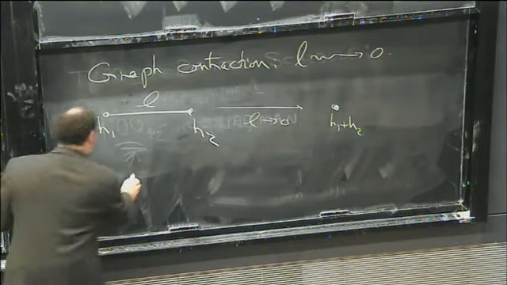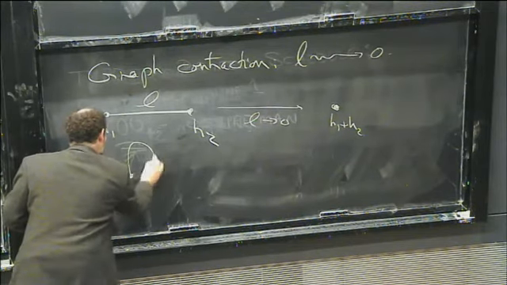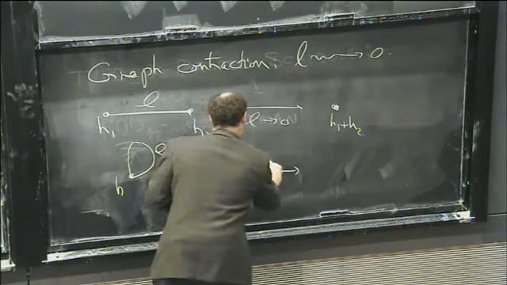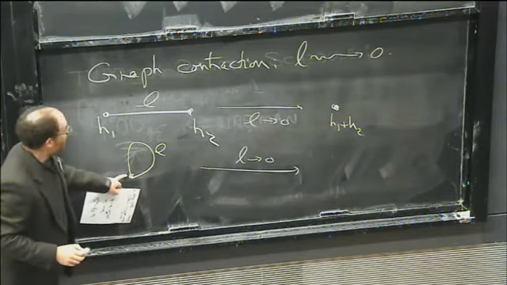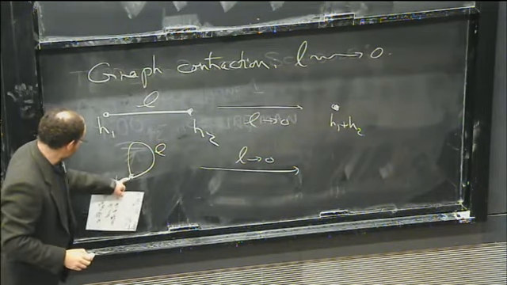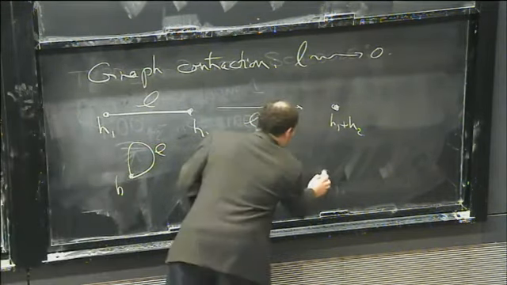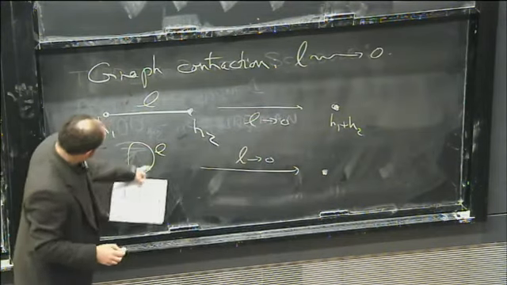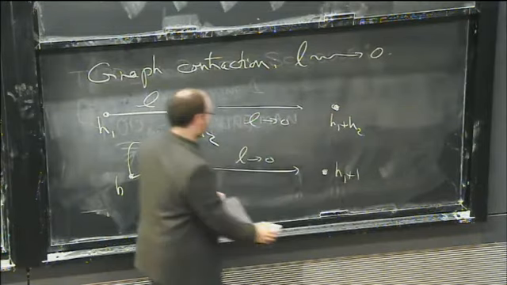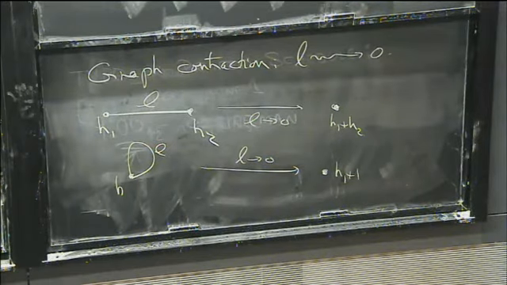And if you have something that looks like this, then when L goes to 0, you'll replace this graph with this graph. And because of this loop, you'll add 1 to the genus of that vertex.